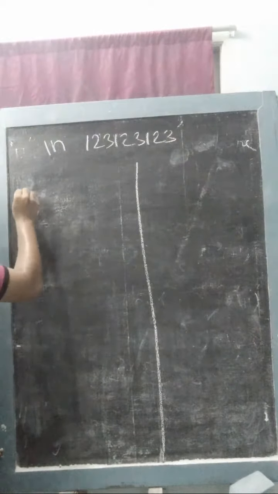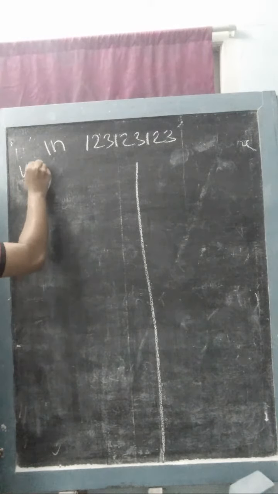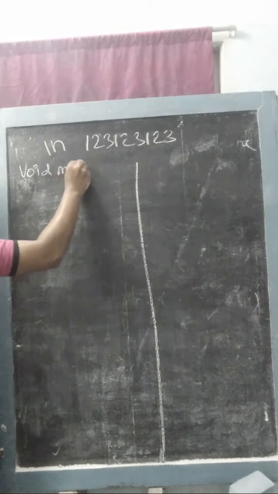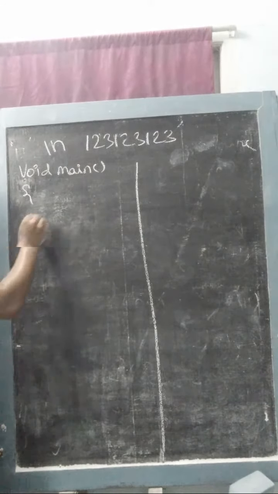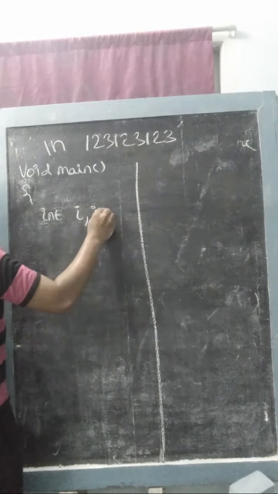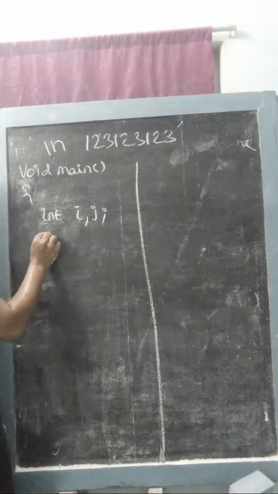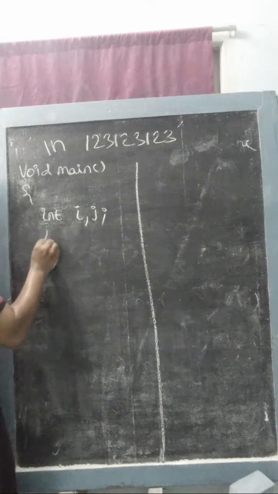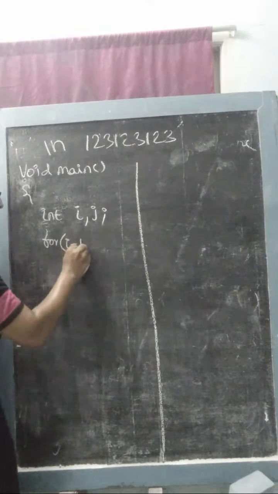Listen carefully. Integer void main. We are going to use 2 variables, integer I comma j. Then I am going to give a value for I, I is equal to 1.